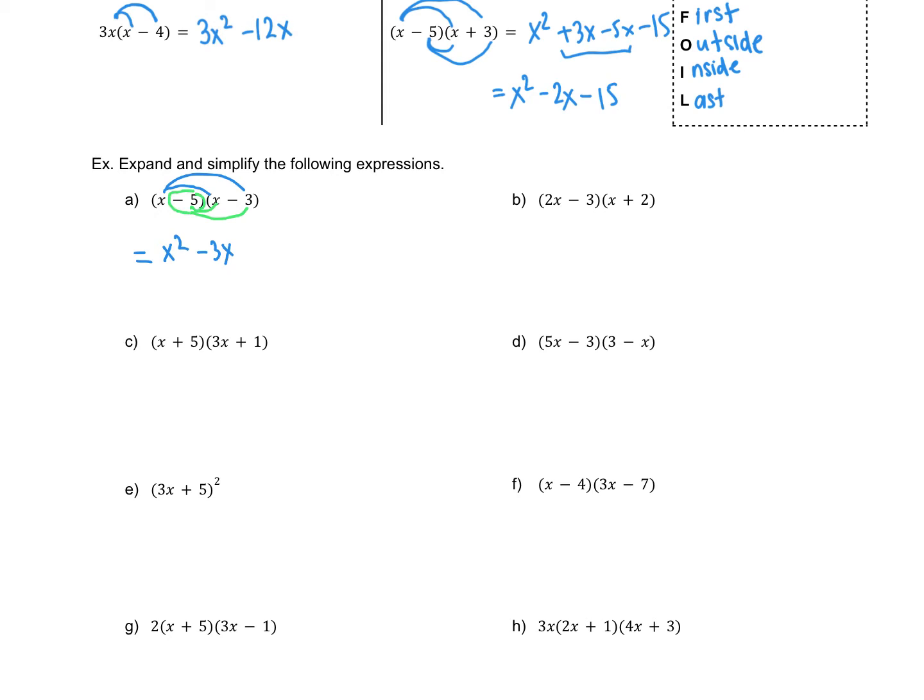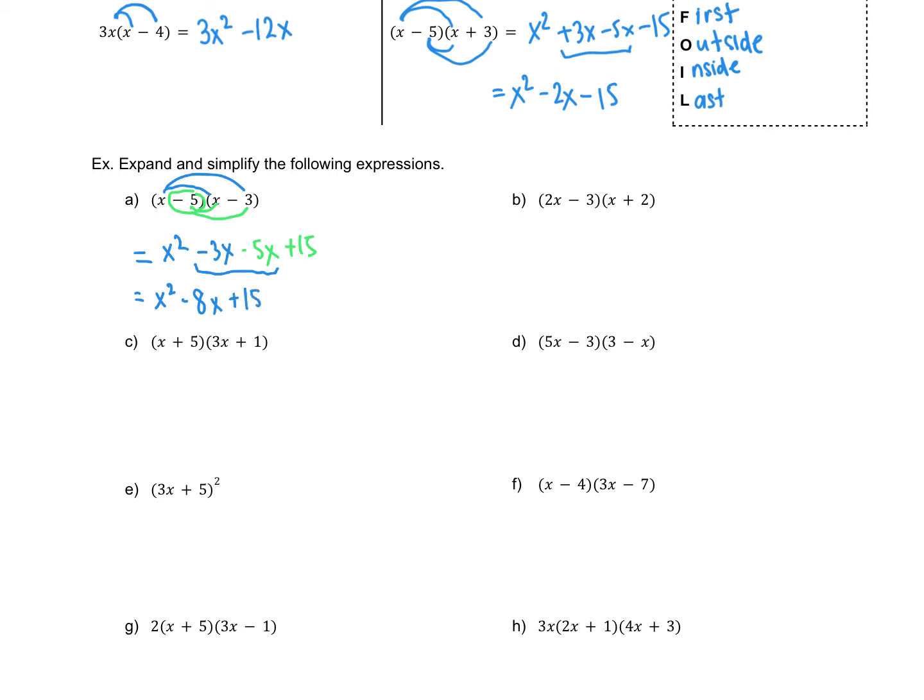So negative 5 times x is negative 5x, and negative 5 times negative 3 is positive 15. Be very careful with your signs there. And then we can collect our like terms, which are in the middle, and again, be careful with your signs. So x squared is fine, but then we're doing negative 3 subtract 5, which is negative 8x. If you do 3 subtract 5, you would say negative 2, but that is incorrect. So be careful.